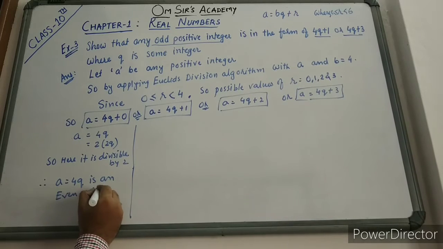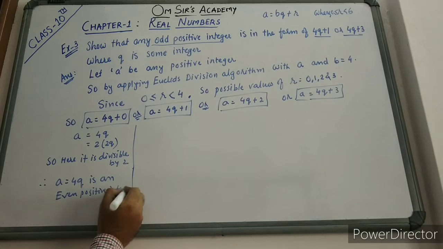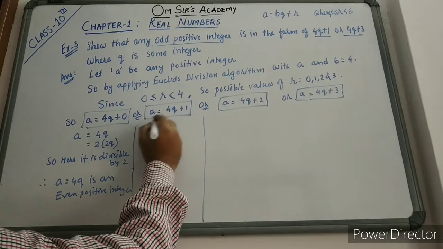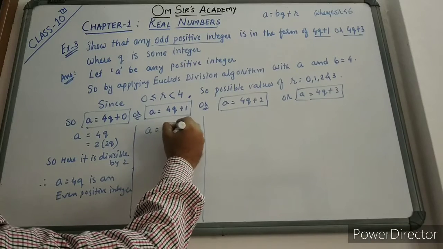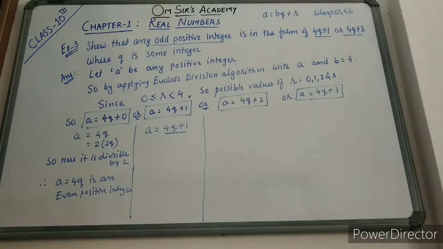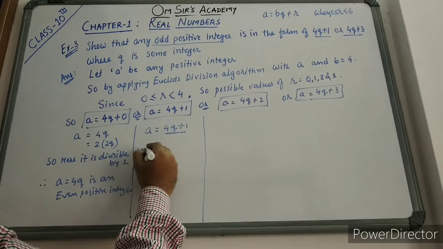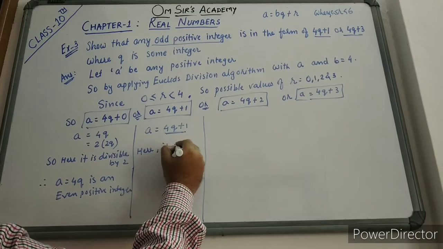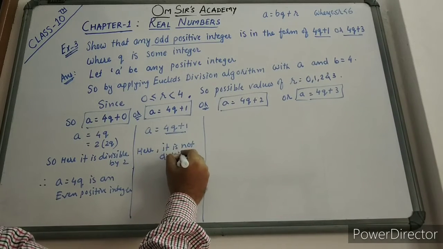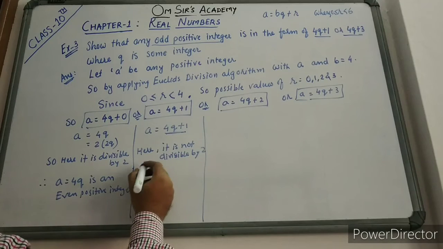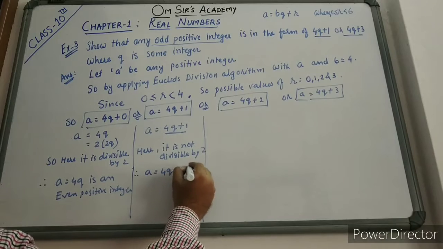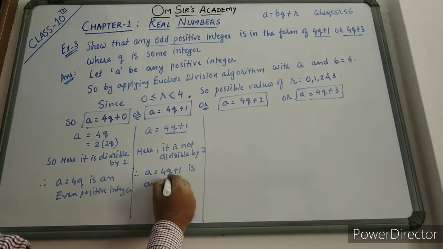Then another case: a equals 4q plus 1. Here we cannot take out 2 as a common, so it is not divisible by 2. Therefore, a equals 4q plus 1 is an odd positive integer.